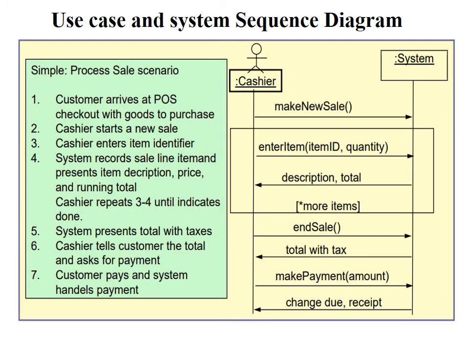And this slide represents the sequence diagram. Though you will study the sequence diagram in detail in the next unit, I have included this slide here for continuity: use case and system sequence diagram. Just by looking at it, you can understand what it represents.